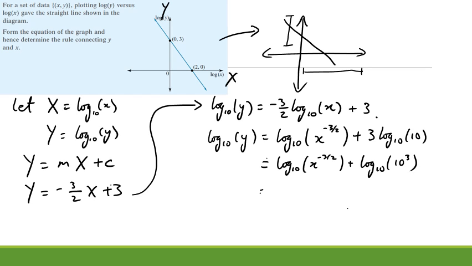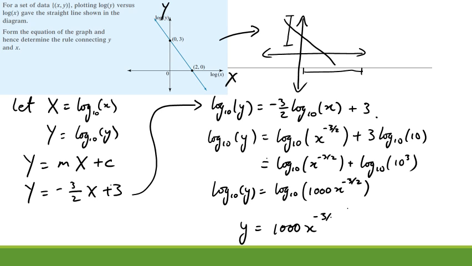Then we can join it up as one single log. Now remember, 10 to the power of 3 is really 1000, times x to the power of negative 3 over 2, which is equal to log y. Now we can just get rid of the logs. So y equals 1000 x to the power of negative 3 over 2.